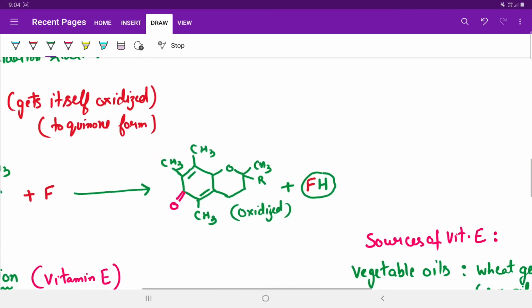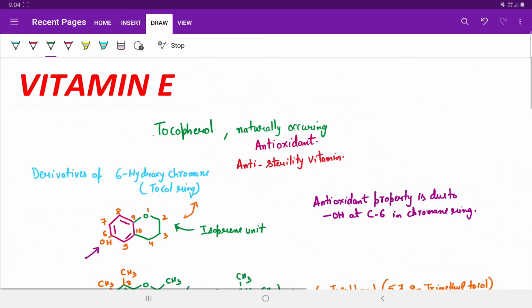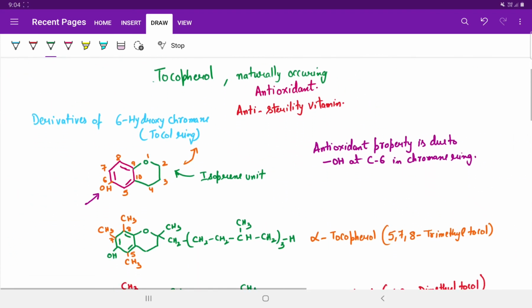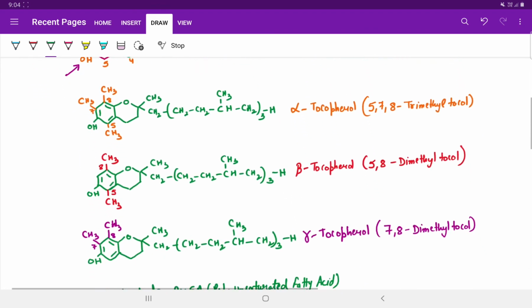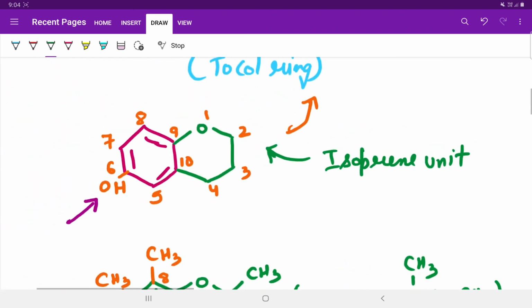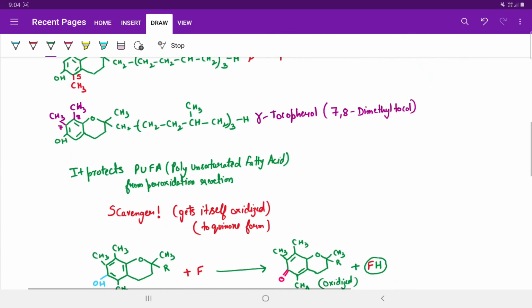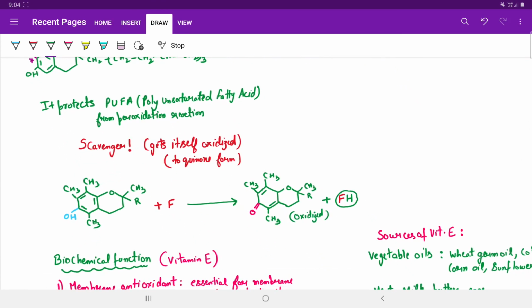So students, this was all regarding vitamin E. These are basically the tocopherols containing a chromane or tocol ring. So three major types, alpha, beta and gamma. This is the structure for tocol ring here, you can see. Now then comes the antioxidant action.